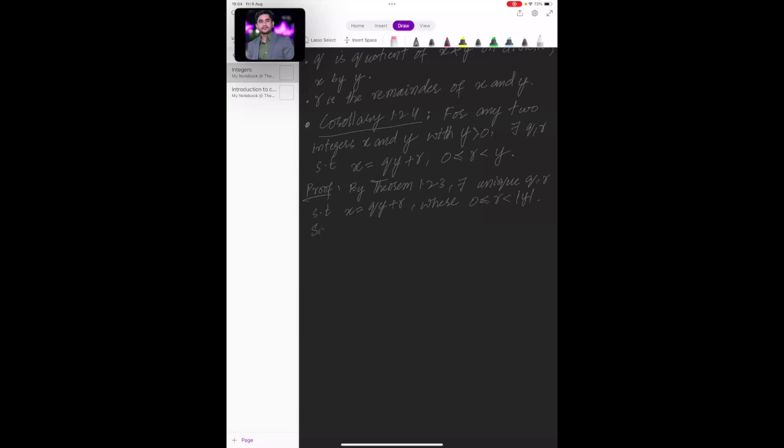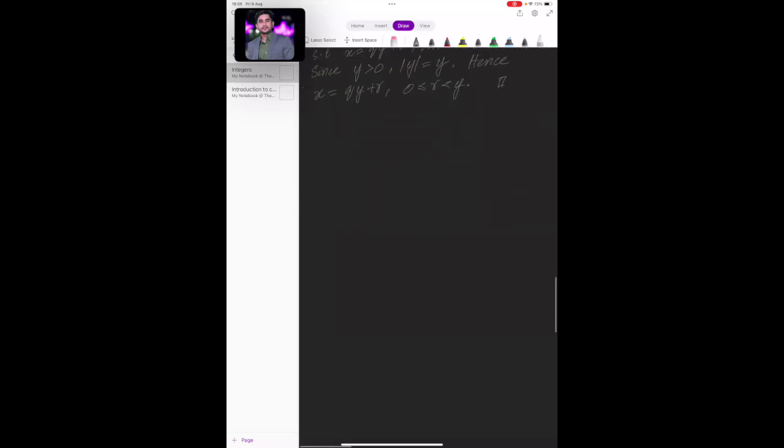Now, since y is greater than 0 now, the absolute value will always be equal to, in this case, y. So hence, x is qy plus r, where r is between 0 and y only. Okay. Perfect.